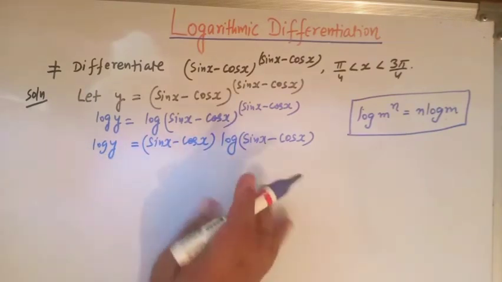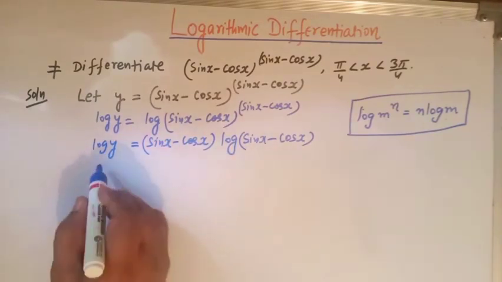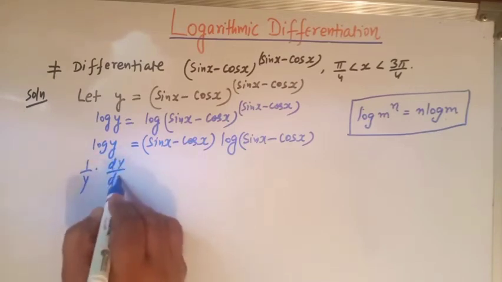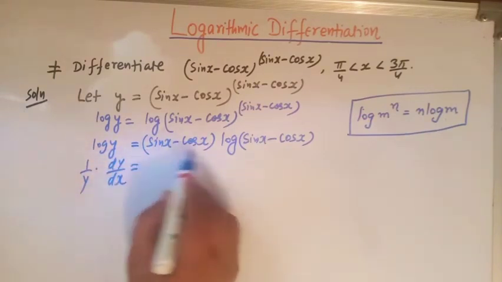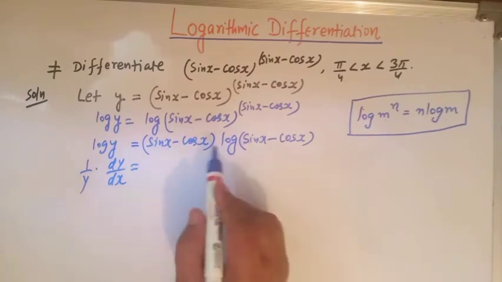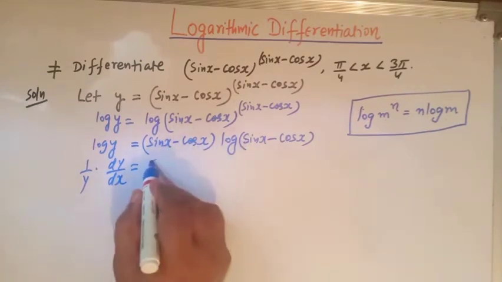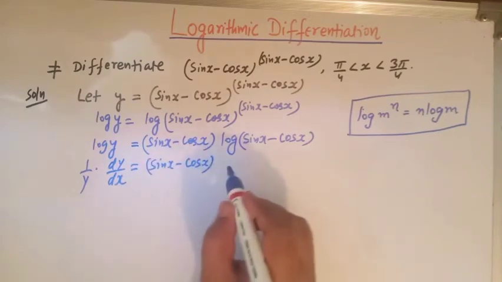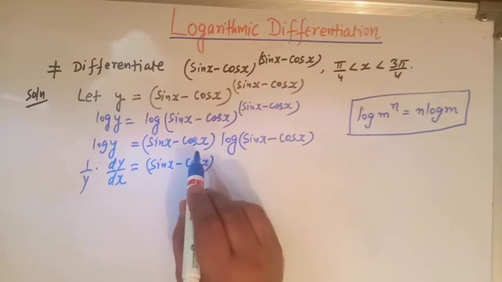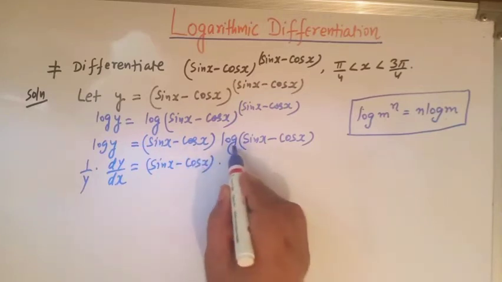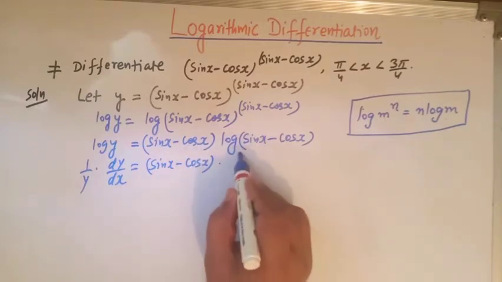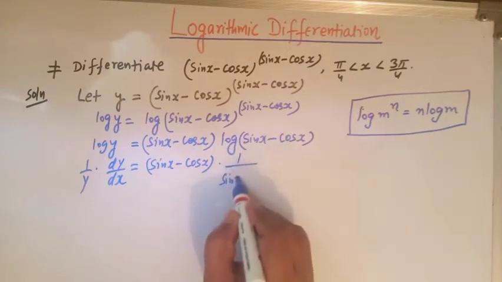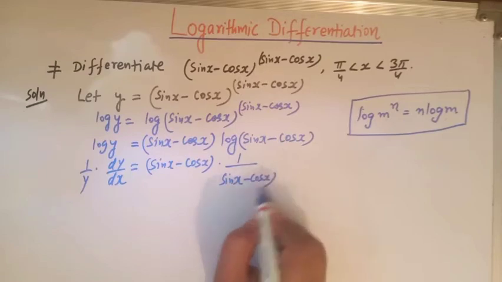Now we'll differentiate both sides. So differentiating both sides with respect to x, we have 1 over y times dy/dx, and then we have here the product of two functions. So we'll take sin x minus cos x as first function. So sin x minus cos x times derivative of this function. So the derivative of log of (sin x minus cos x) is 1 over (sin x minus cos x).